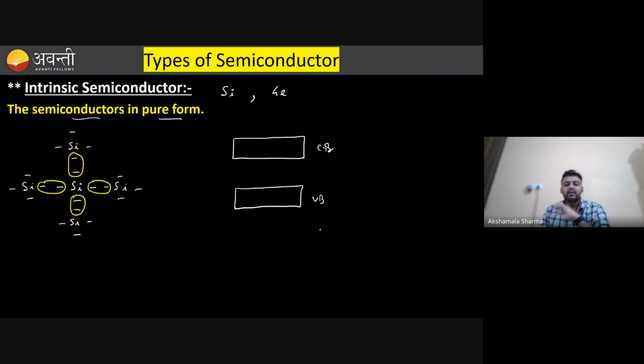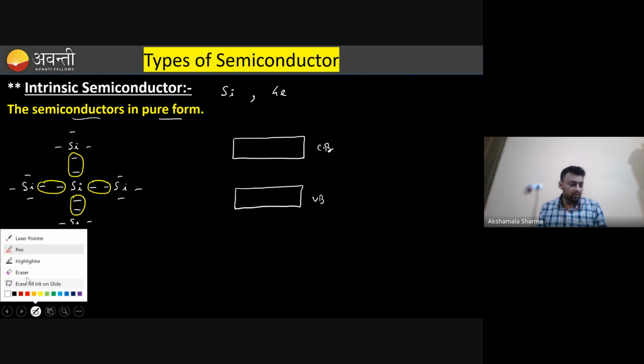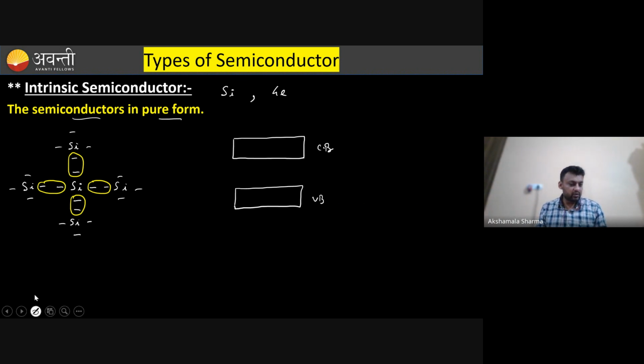Clear? Now what happens? This is the general semiconductor. Now some interesting thing will happen to it that you should remember. Let's suppose at room temperature.